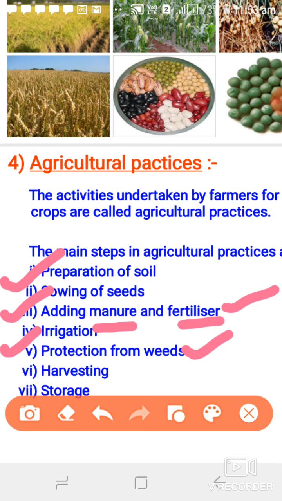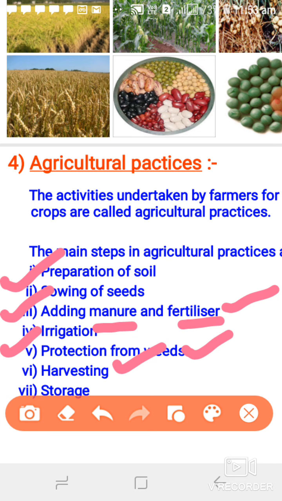What are weeds? The plants of unwanted growth which grow along with the crop plants. Okay, and what is weeding? Removing weeds. When we have to remove these unwanted plants from the agricultural fields, okay, by various ways. So for protection from the weeds, we can use various methods.